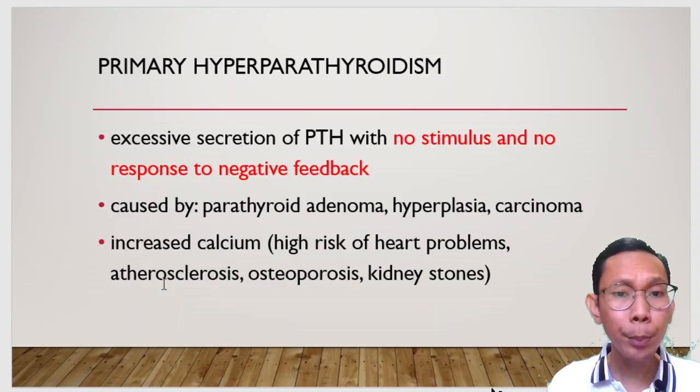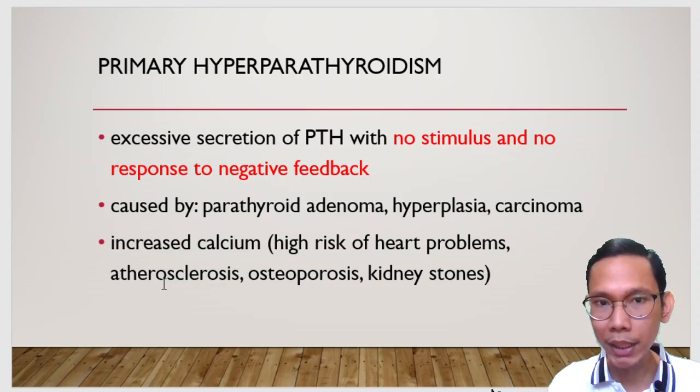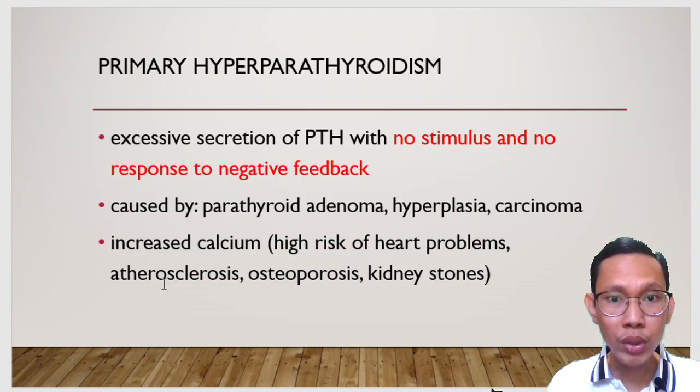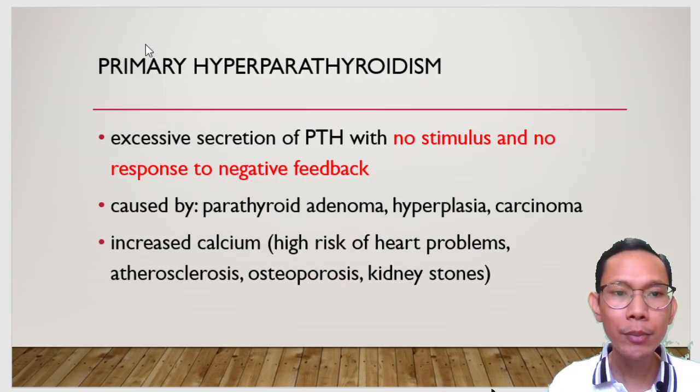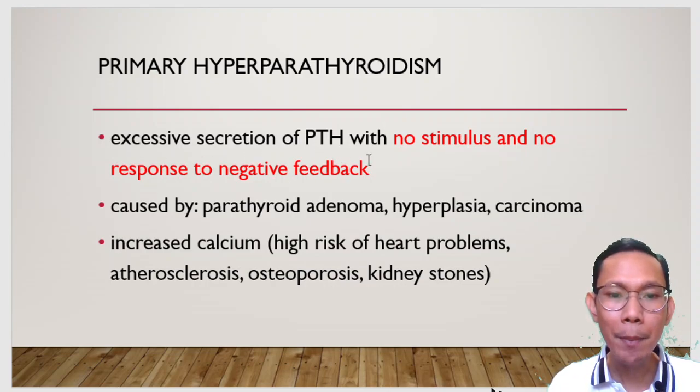Let's talk about your primary hyperparathyroidism. When we say primary, ano ang ibig sabihin yan? The organ that produces the hormone has the problem. Since it is hyperparathyroidism, the problem is within your parathyroid gland. It is an excessive secretion of your PTH with no stimulus or no response to negative feedback mechanism.